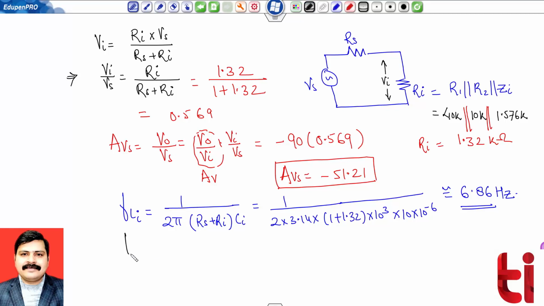Now let us determine the value of FLO with the contribution of output capacitance.